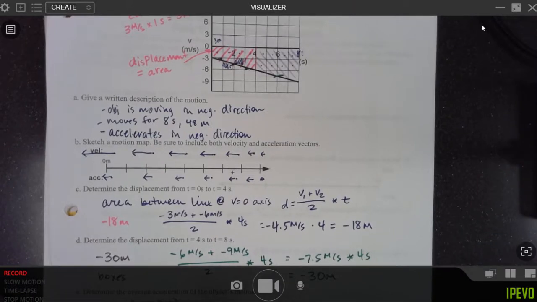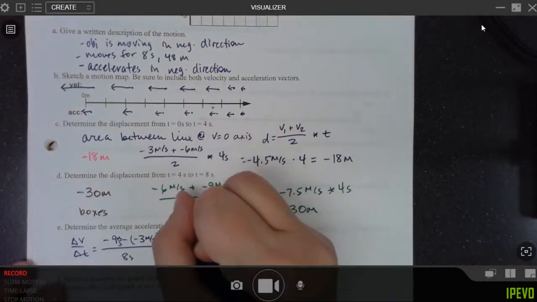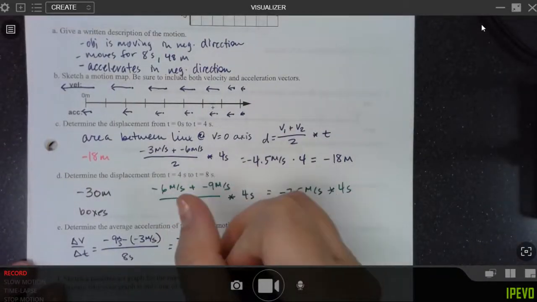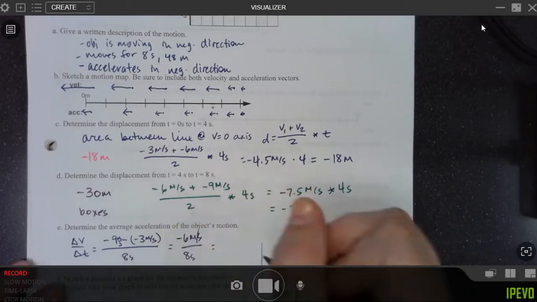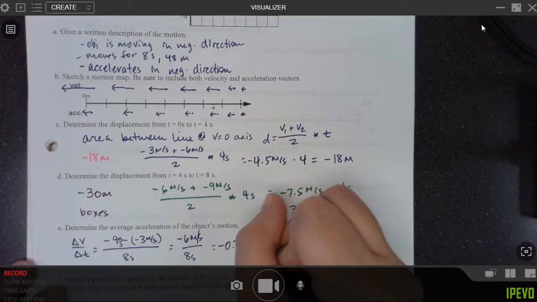Forgot my units. And the entire amount of time there is 8 seconds. So -9 minus -3 is going to give us -6 meters per second, divided by 8 seconds, which is -0.75 meters per second squared.